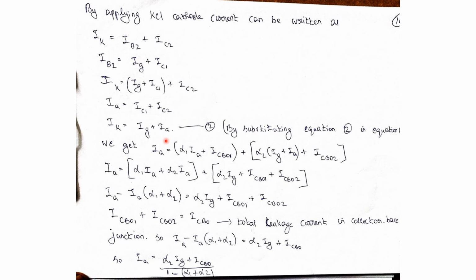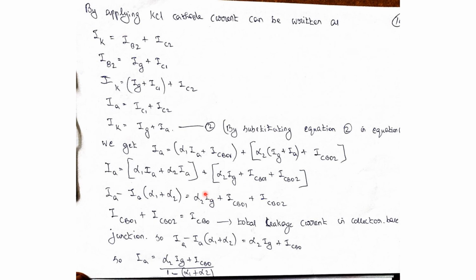By substituting this value in the previous equation, the one I told you to remember and mark as 1, we get IA is equal to alpha 1 IA plus ICBO1 plus alpha 2 (IG plus IA) plus ICBO2.